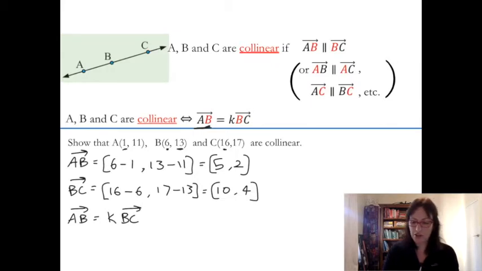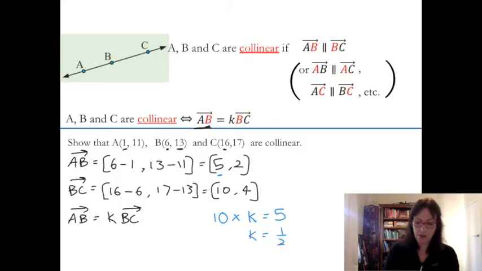So essentially we're trying to work out, well, what is that k value? So you look at the component here of the vector BC, and let's look at one component, that 10, and ask yourself, what do I have to multiply that 10 by, as a scalar, to turn it into the component from the first vector, to turn it into that 5? And then that's some simple rearranging, that k is equal to 1/2.